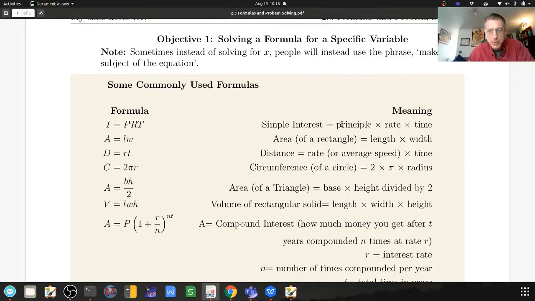Many times we will use variables that start with the first letter of the word of the object denoted. That's certainly the case here. I is equal to PRT. This formula, sometimes R is lowercase, T is lowercase, and even P is lowercase. It doesn't really matter.